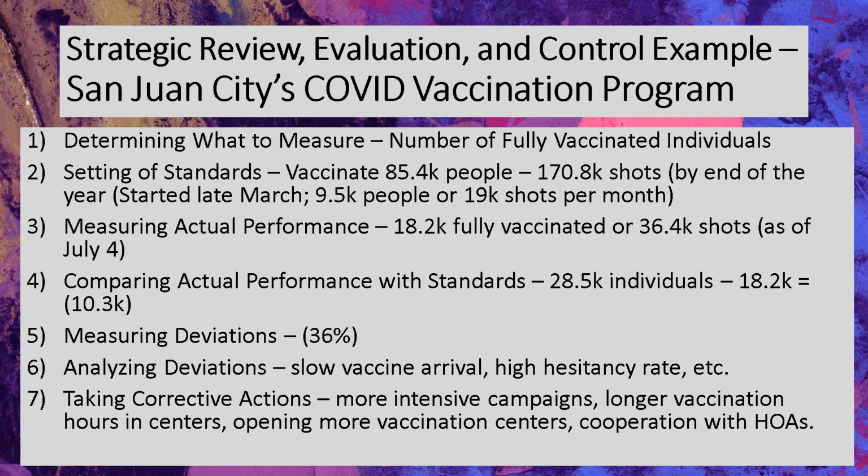Analyzing the deviations, the government has reasoned that slow vaccine arrival and a high hesitancy rate are among the causes of the performance deficiency. As corrective actions, the city government has conducted more intensive campaigns, longer vaccination hours in centers, opening more vaccination centers, and cooperation with homeowners associations.